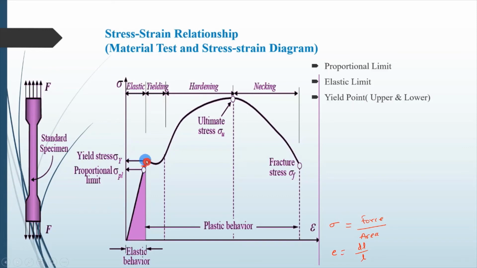Then after the upper yield point, we'll see some fall in the curve, or a reduction in the stress value, and in this region we'll get one more point. That point is also called a yield point, but it is the lower yield point, where the stress value is lower than the initial stress value, that is the stress value at the upper yield point.